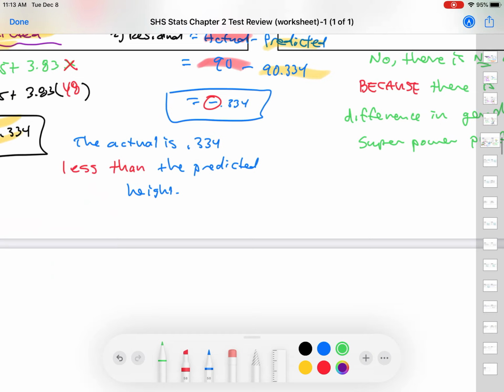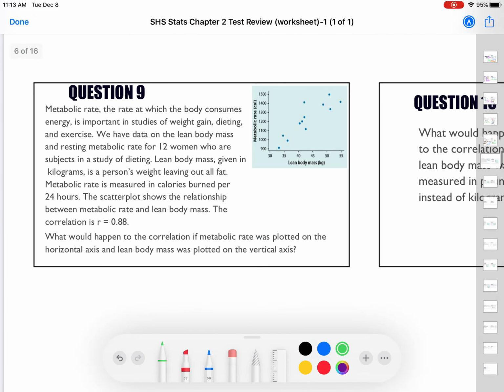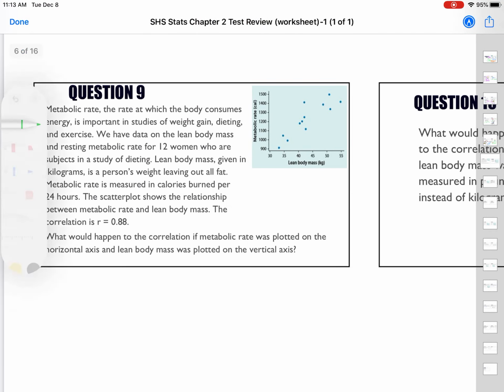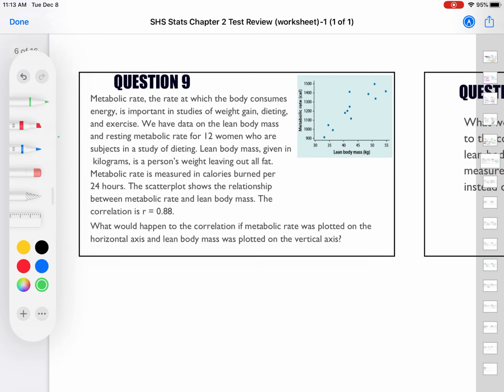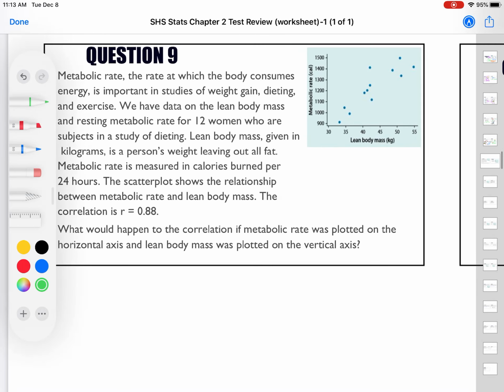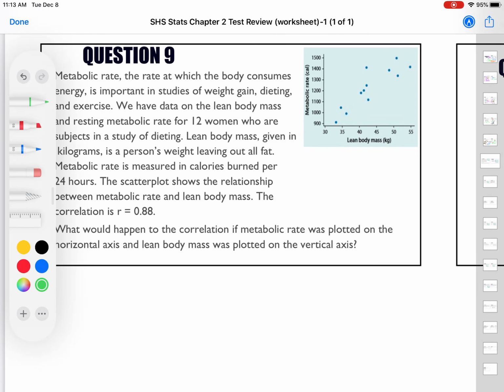All right, let's do number 9. The metabolic rate, the rate at which the body consumes energy, is important in studies of weight gain, dieting, and exercise. We have data on the lean body mass and resting metabolic rate for 12 women who are subjects in a study of dieting. Lean body mass, given in kilograms, is a person's weight leaving out all the fat.